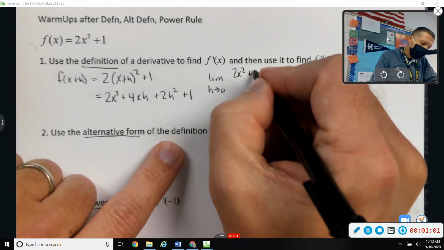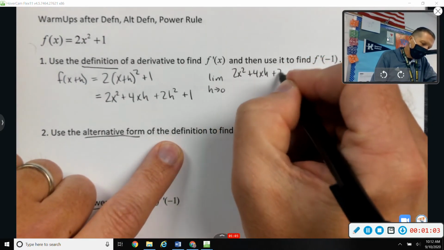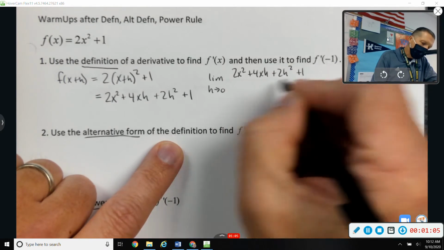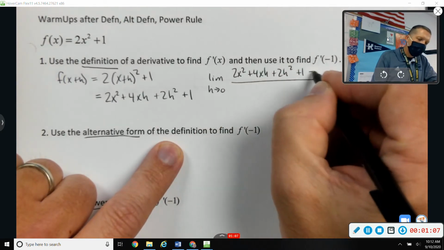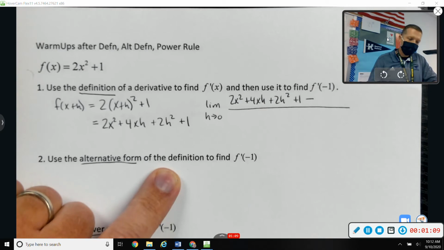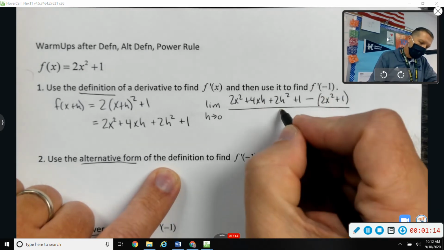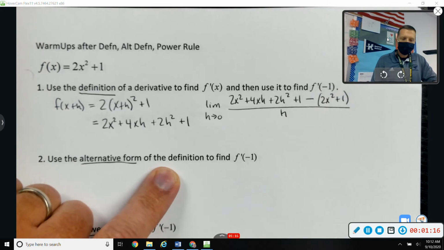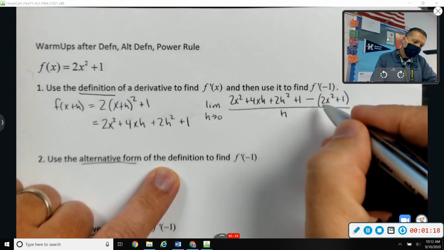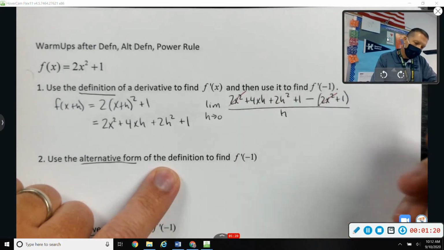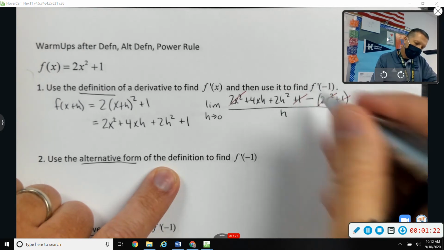2x squared plus 4xh plus 2h squared plus 1 minus f of x, so minus 2x squared plus 1 all over h. Things should cancel with polynomials, so the 2x squareds go away, minus 1 plus 1 goes away.